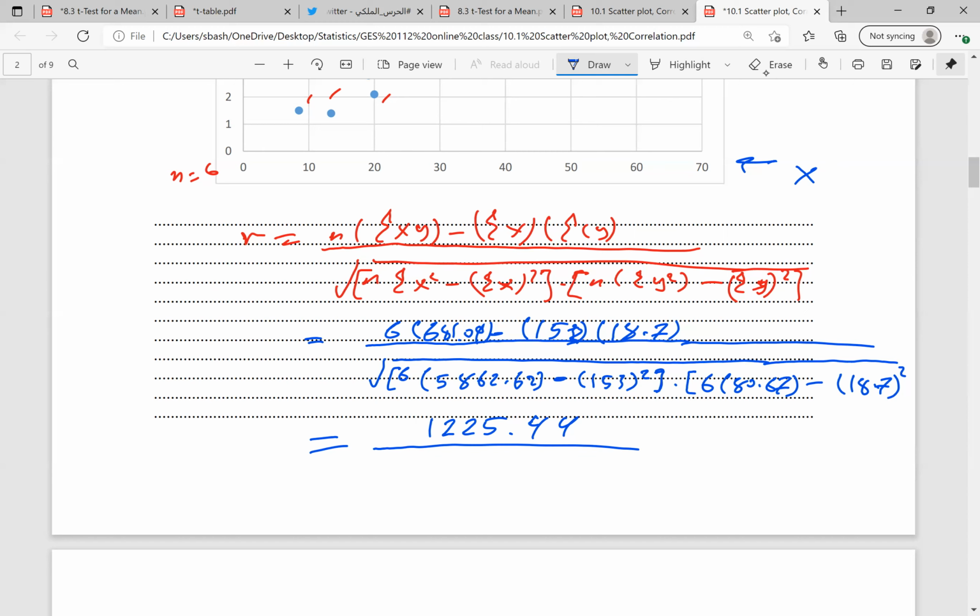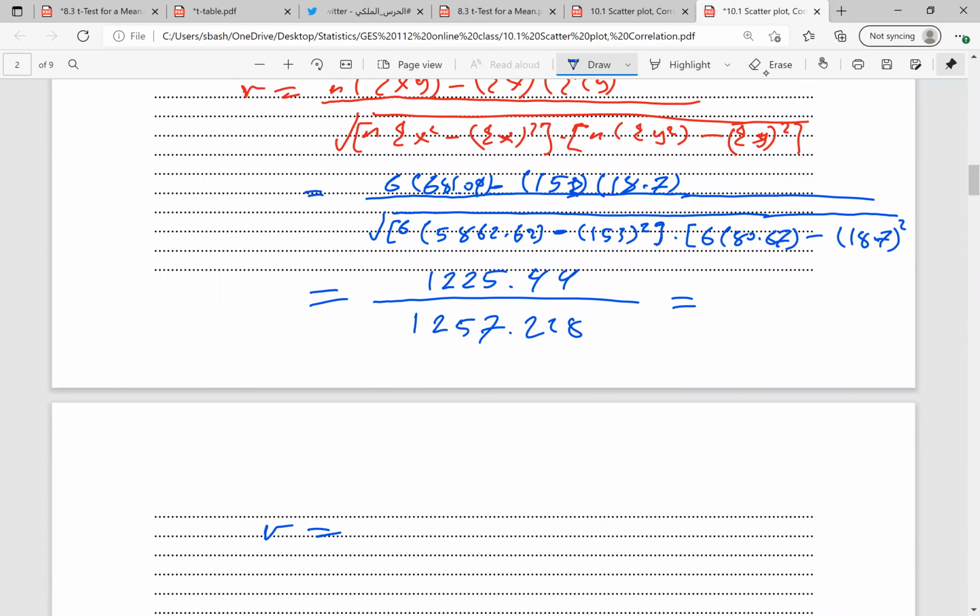I have to do it in 2 steps. This will be 6 times 80.67 minus 18.7 squared. Divided by 1257.228.